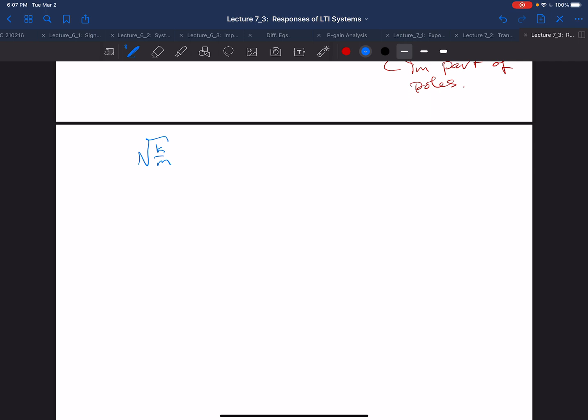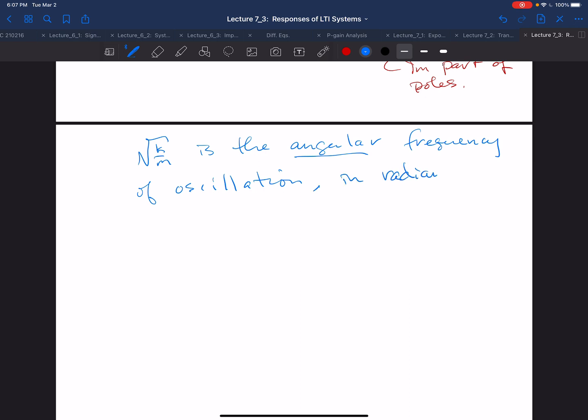I should emphasize maybe that this is the angular frequency, that is in radians per second. If we were talking about the ordinary frequency in hertz, if you like, it's going to be 1 over 2 pi times this.